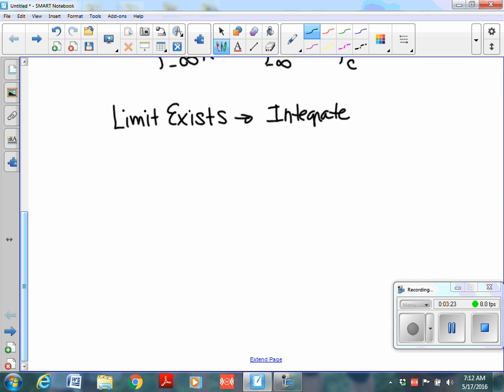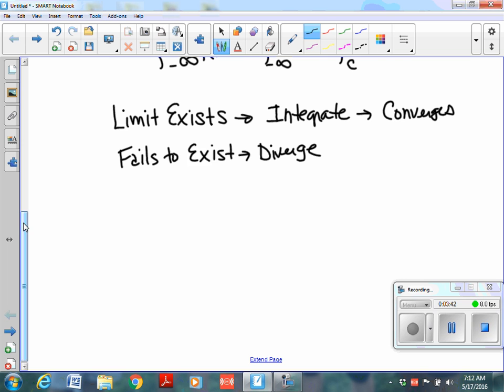After you integrate it, if the limit exists, it converges. If it fails to exist, then it's going to diverge. And this is for the first two.